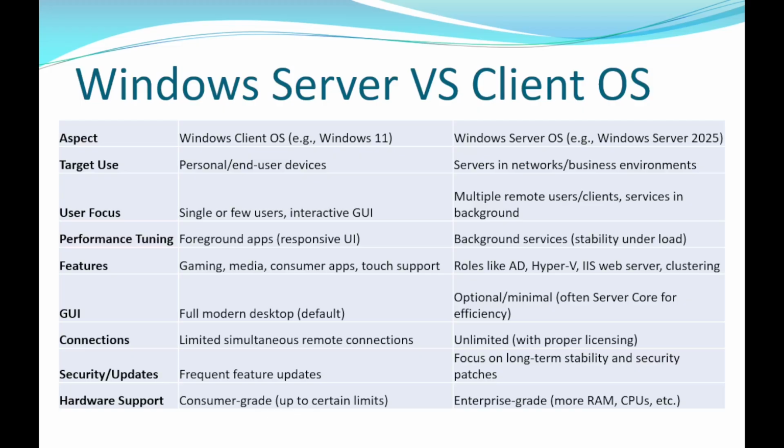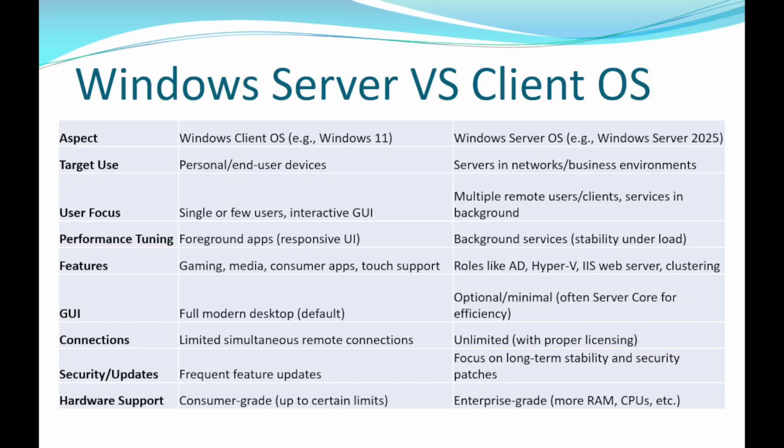User focus: a single user or few users, interactive GUI mode, in the client operating system. Server edition is for multiple remote users, and it will host client services in the background. Performance tuning: the client is used for foreground apps, while server edition is mainly used for background services.